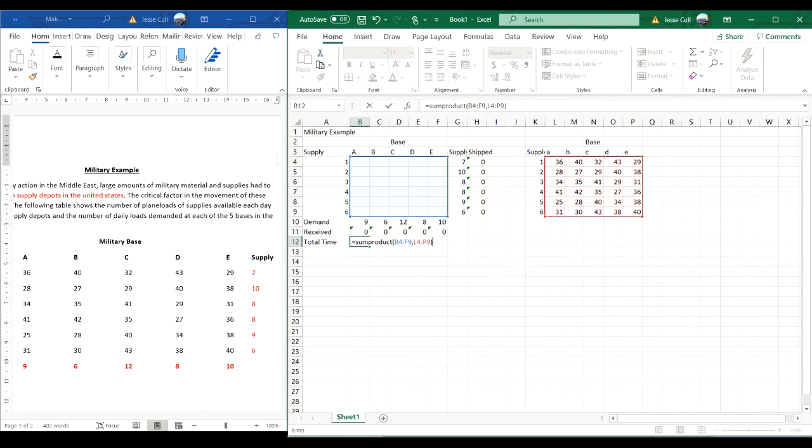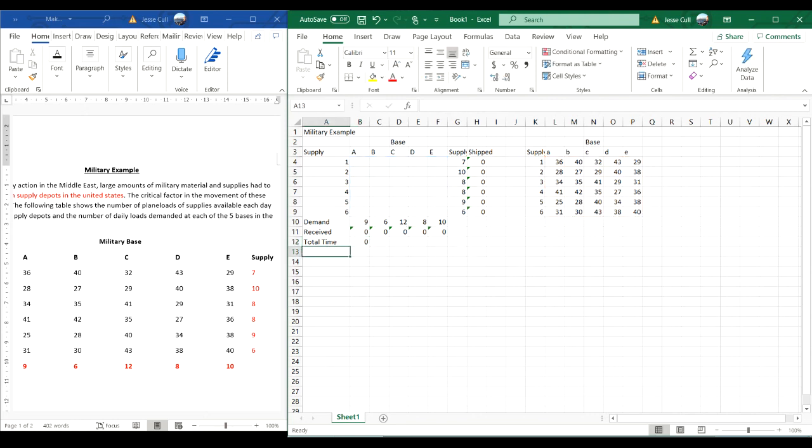We close our formula and we hit enter. So this is the problem correctly formulated. We have a couple minor complications when we get to our solver, so let's go there.